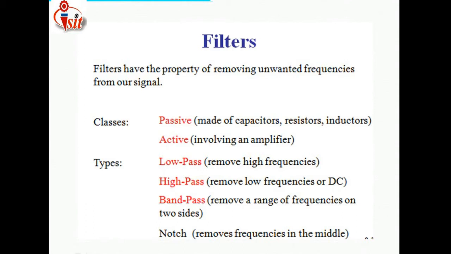First, passive filters. What is the definition of a passive filter, and how do we categorize a filter as passive? Made of capacitors, resistors, and inductors.